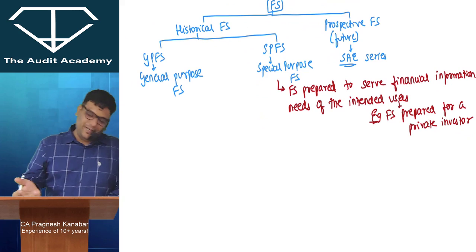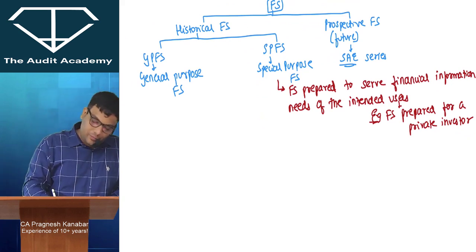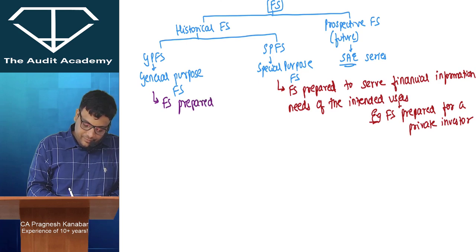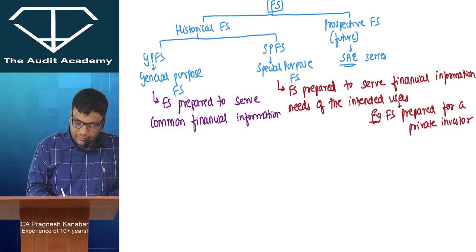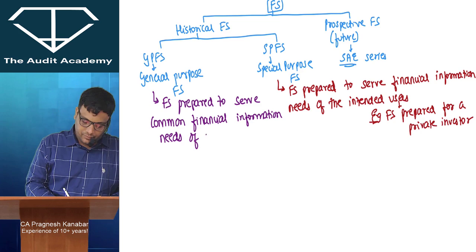Now general purpose financial statements is your company final accounts which you are seeing day in and day out here. But how do I write it? What are the exact words that I use? Financial statements prepared to serve common financial information needs of all users of financial statements.